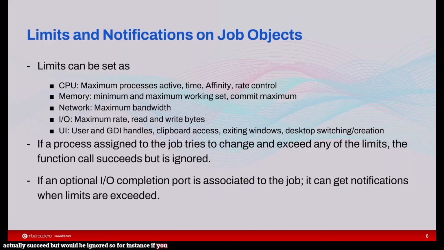For instance, if you try to call a function to allocate more memory, the call would succeed, but it would be ignored in that case. So it wouldn't fail, it'll just be ignored. If an optional I/O completion port is associated, as mentioned before, you'll get a notification when limits are exceeded.